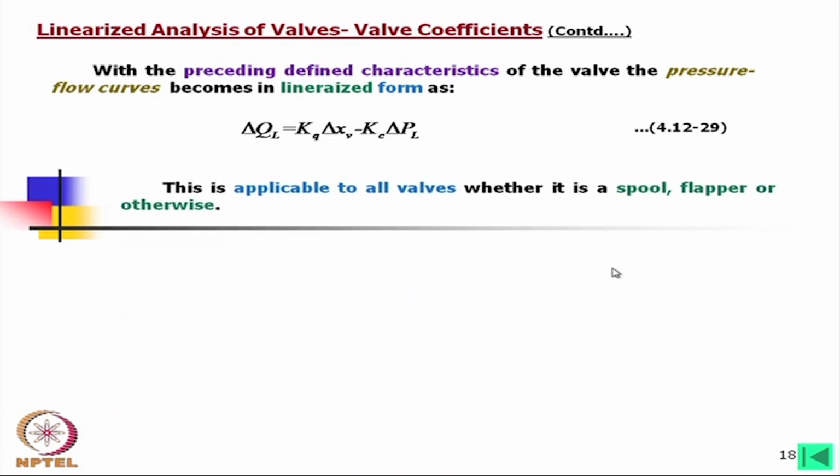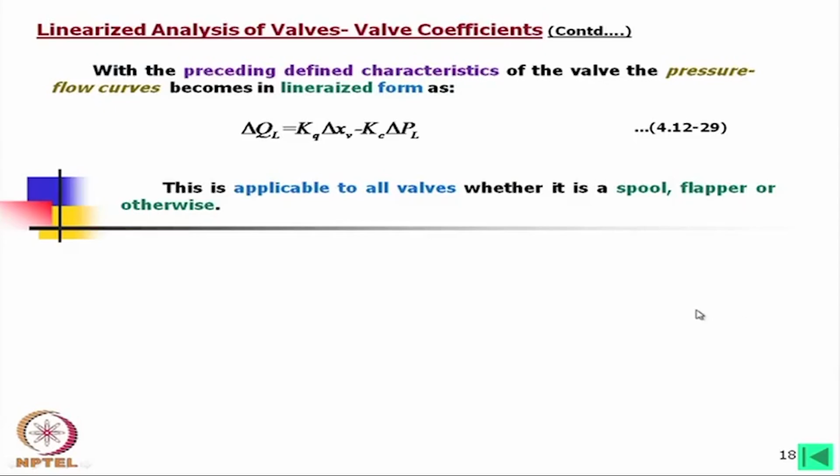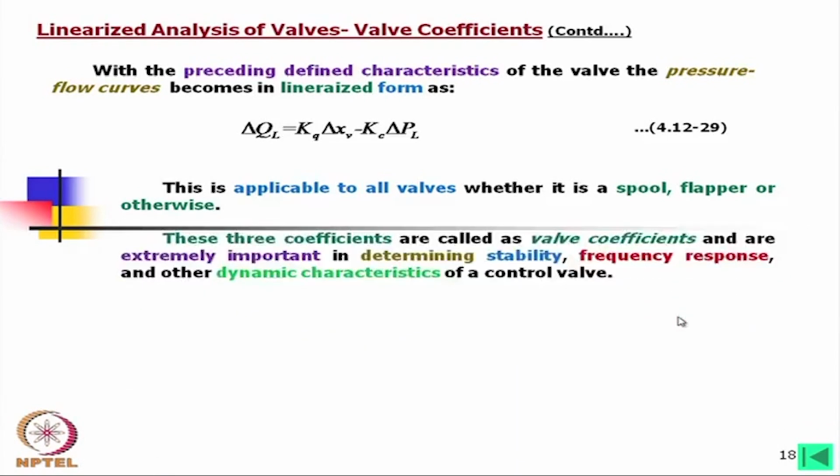But normally when we go for selecting the valve, what should we look into? This is applicable to any valve analysis. In case of a flapper valve, of course, their orifices are different, their area gradient will be different, but still this analogy will be applicable to that. Flapper valve will come sometime later, but the spool valve we are analyzing now.